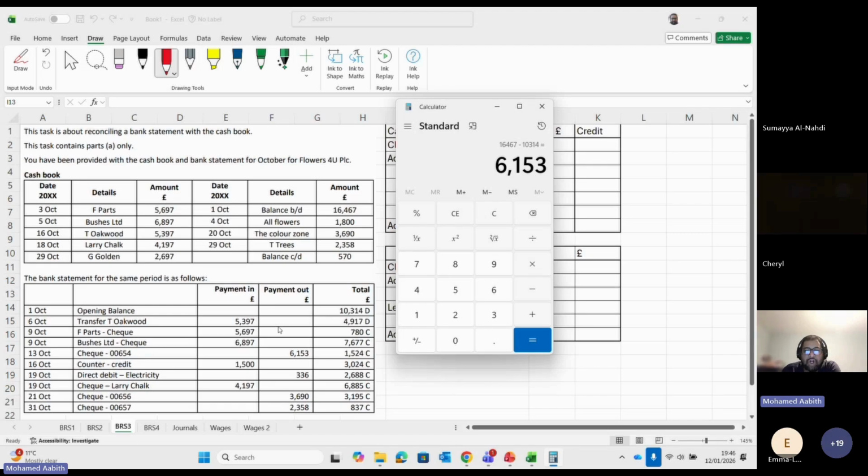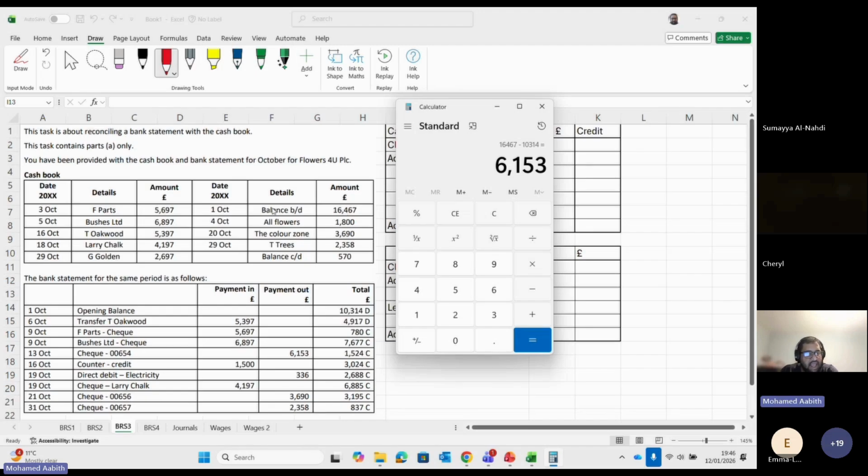It does not have the tone because the first check we issued is for Old Flowers, the Color Zone, and Tea Trees. That one doesn't have numbers there, so we cannot verify it. But once that check is paid out, the balance of that amount will automatically come down.